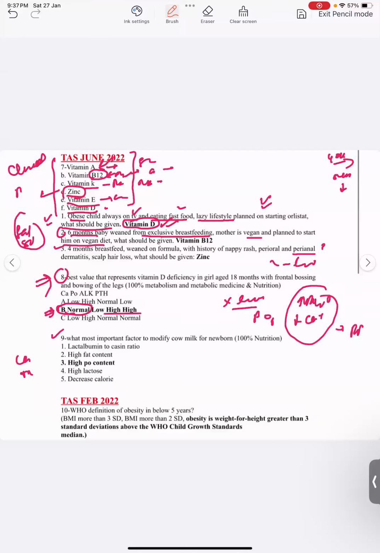And number one thing, there is fibroblast growth factor 23 in your hypophosphatemic rickets. This is not affected by your calcium, this is not affected by your phosphorus. This is basically affected by your fibroblast growth factor 23, which is going to act on your PTH, and it is going to increase the level of your parathyroid hormone.